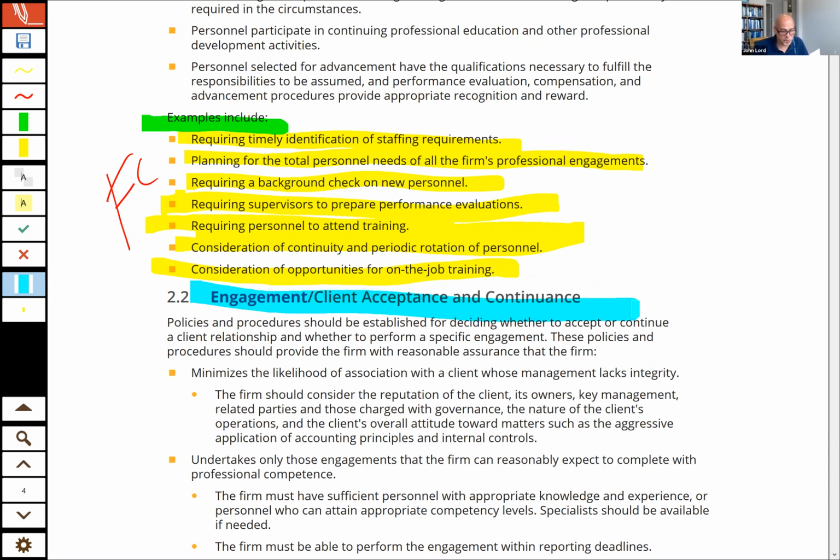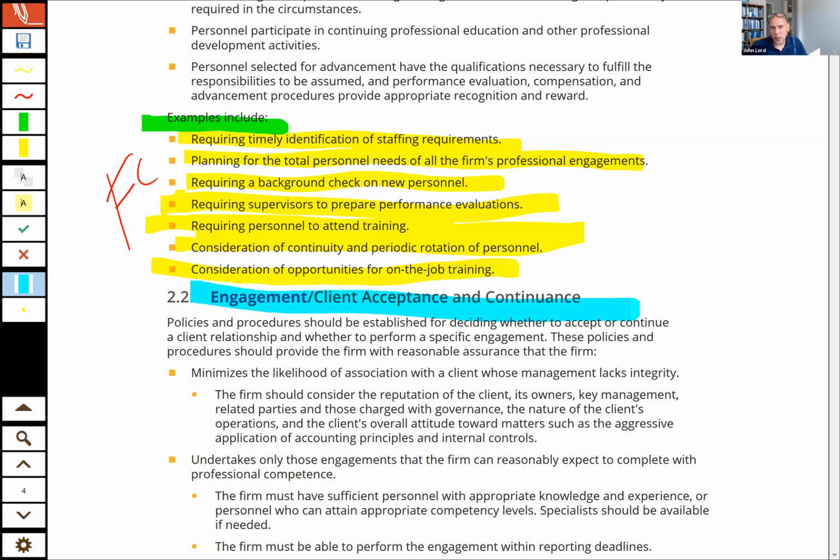This is probably an underrated area of quality control, because people forget that the reason CPA firms get in trouble is generally not because they themselves were initiating some sort of activity, but they got involved with the client. The client was doing some things that weren't so great, and then that pulled down the CPA firm as well. And the classic example is what happened with Enron, and what was a big 8 firm at the time, when they had 8, Arthur Andersen. And so it's a big deal.